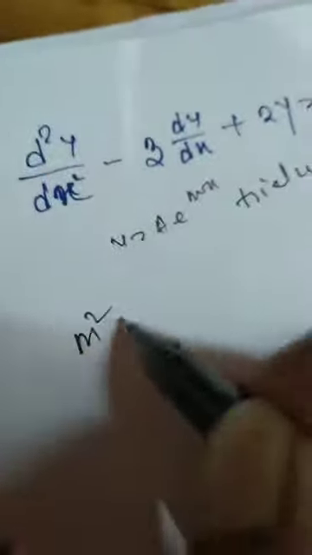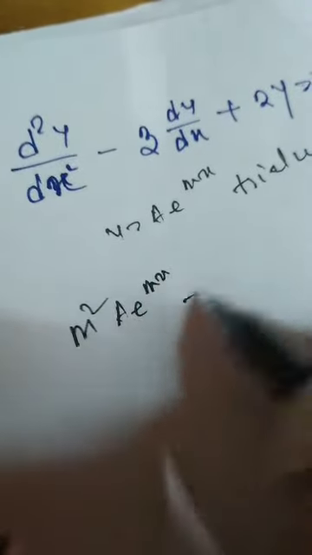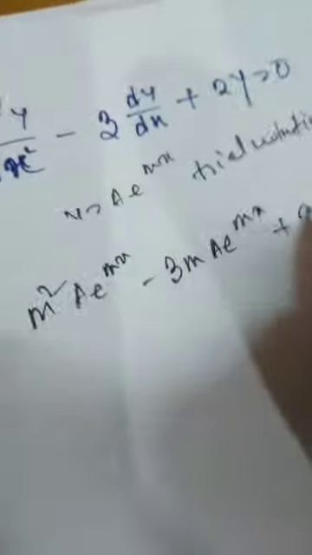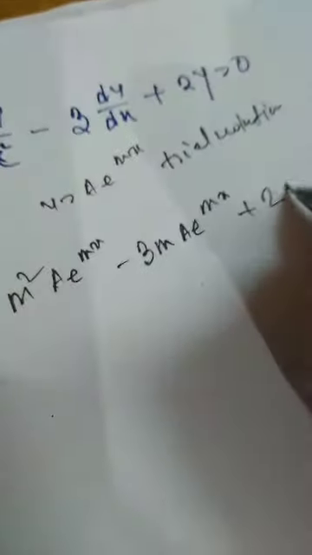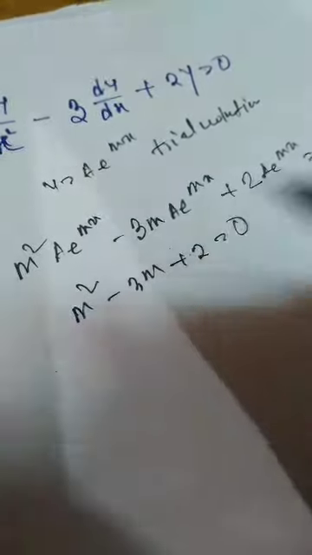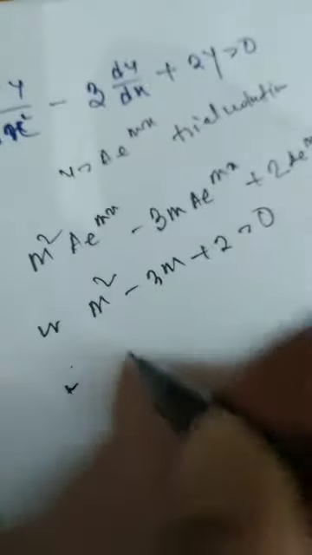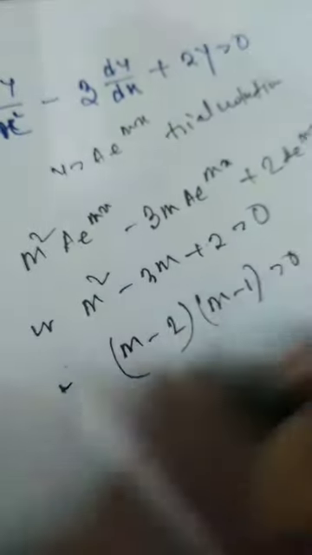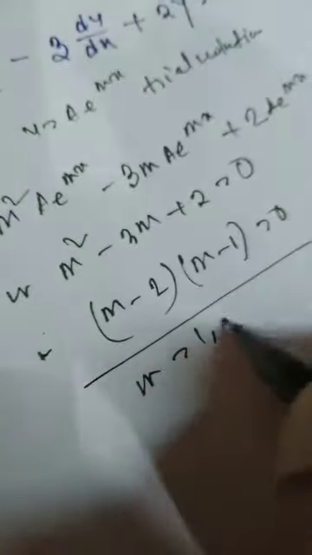If we put these values here, we get m square a e^(mx) minus 3m a e^(mx) plus 2 a e^(mx) is equal to 0, and then we can write m square minus 3m plus 2 is equal to 0. If we solve it we get (m minus 2)(m minus 1) is equal to 0. So m is equal to 1 and 2.